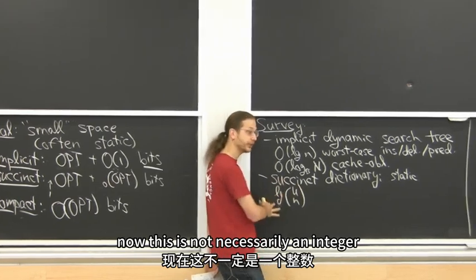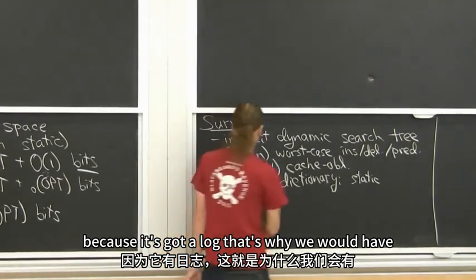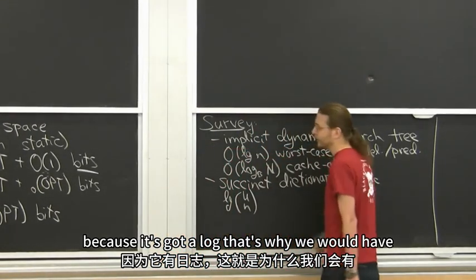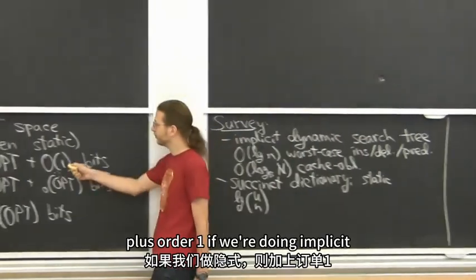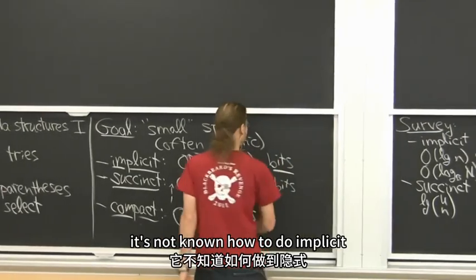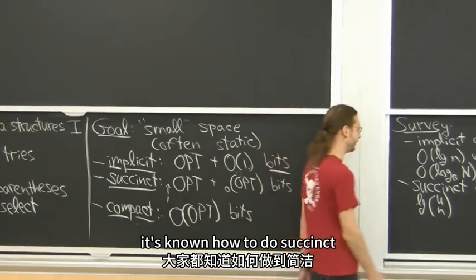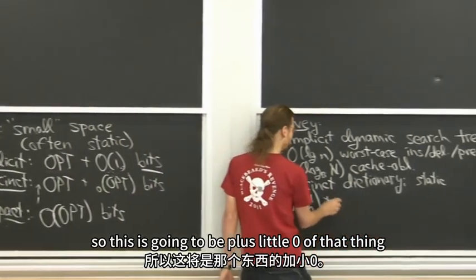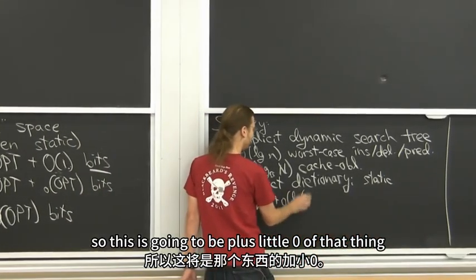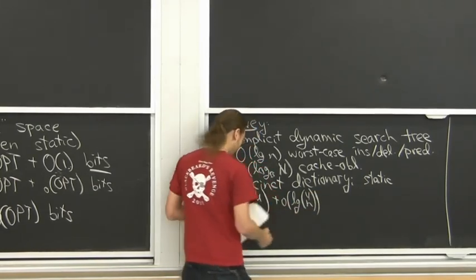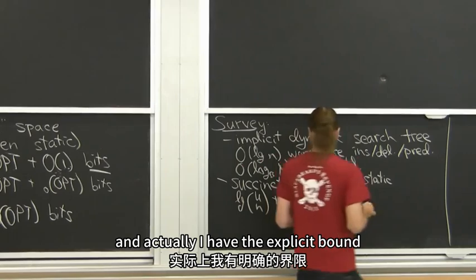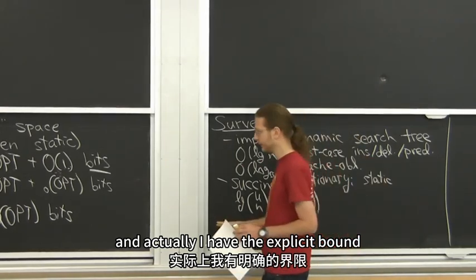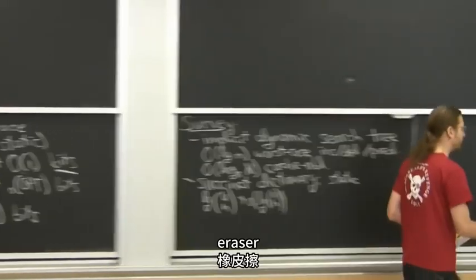Now, this is not necessarily an integer, because it's got a log. That's why we would have plus order 1 if we were doing implicit. It's not known how to do implicit. It's known how to do succinct, so this is going to be plus little o of that thing. And actually, I have the explicit bound.